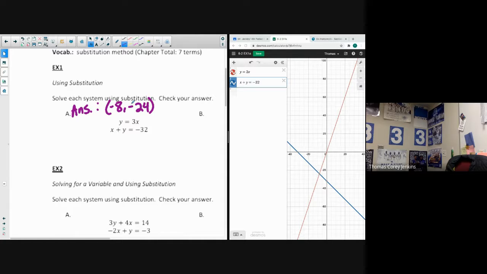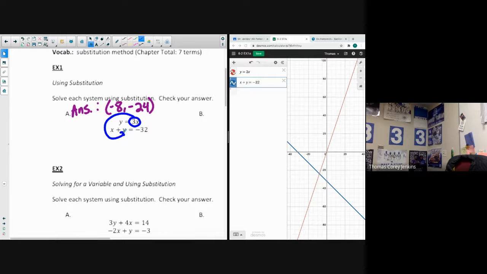Substitution is just like it sounds. You need to take something and substitute it. You need to have one or both of the variables solved for. Looking at my top equation, y is solved for. So I'm going to take 3x and plug it into the other equation for y.